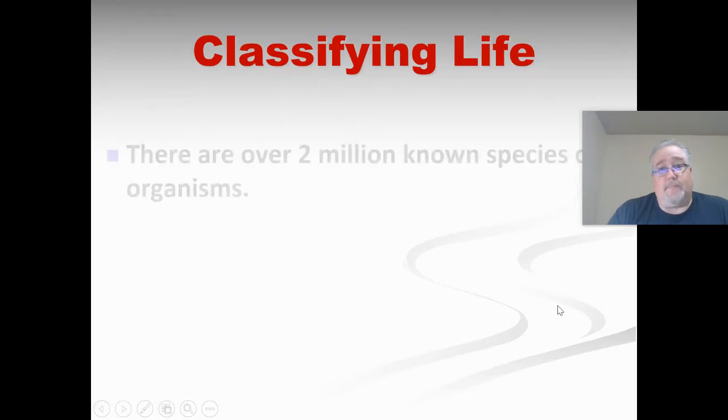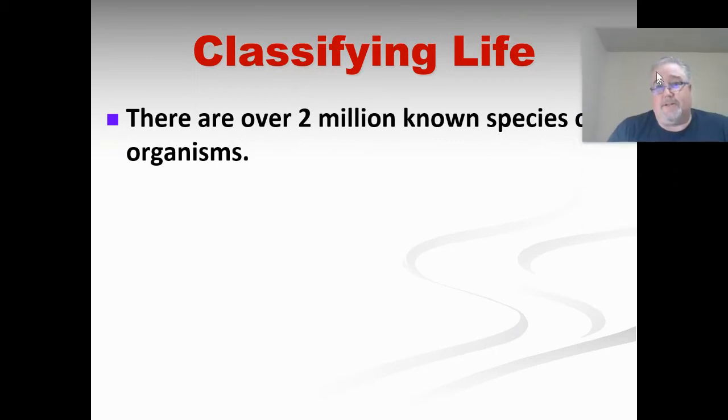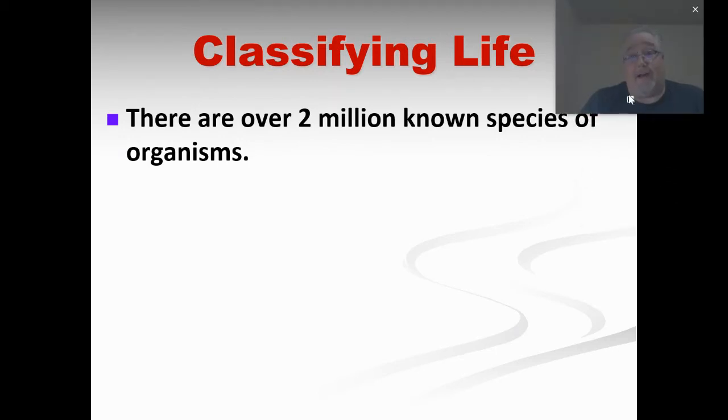All right. So classifying life, just talking about the word classifying or categorizing, we do have over 2 million species of organisms. Sea anemones are just one of those. And there's several different species of sea anemones, so they're not like that picture you saw earlier.